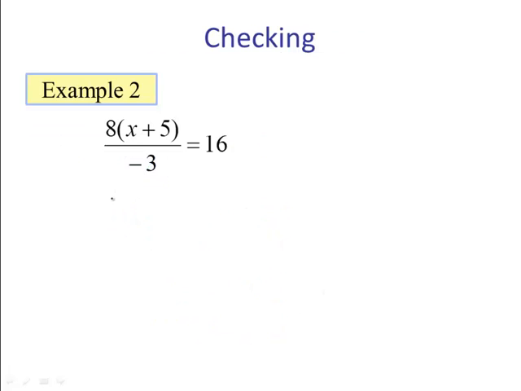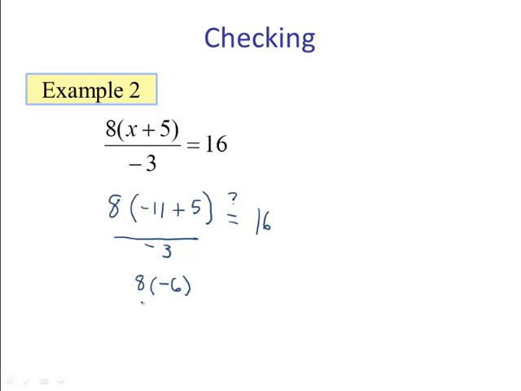To check it, we're going to take negative 11, substitute it in for x. And what we hope is the left hand side will equal the right hand side, 16. Order of operations, we have to do parentheses first. Negative 11 plus 5 is negative 6.